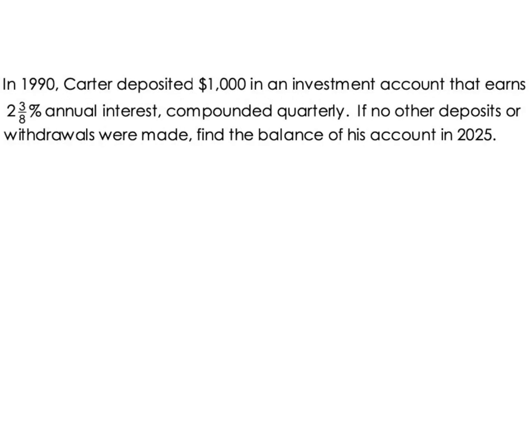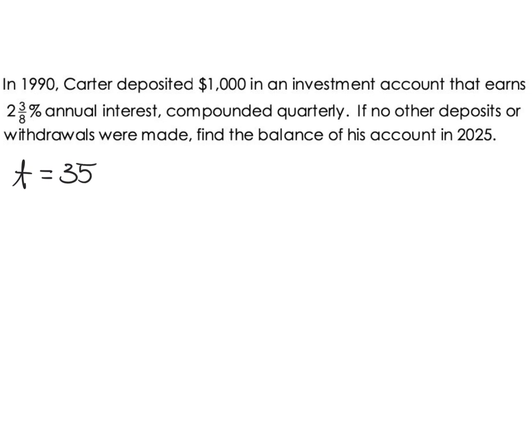In 1990, Carter deposited $1,000 in an investment account that earns 2 3/8% annual interest, compounded quarterly. If no other deposits or withdrawals were made, find the balance in 2025. So that's 35 years, so T is 35.